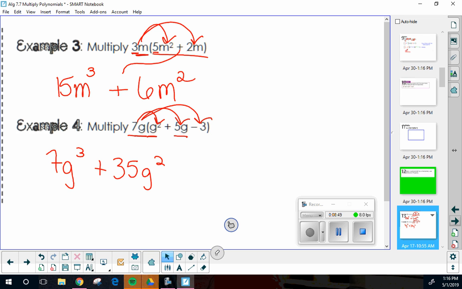And we're going to put that plus sign in between. And then we're going to go all the way over here, last but not least, 7 times negative 3. What is that? Negative 21. And then this is where we have to go back and make sure we're in order. That exponent's a 3, that's a 2, so I'm in perfect order.